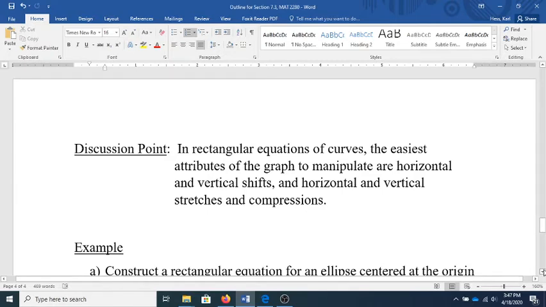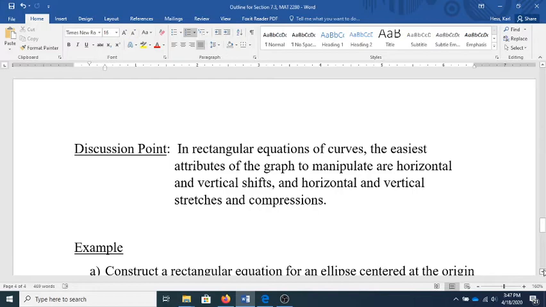Alright, in rectangular equations of curves, the easiest attributes of the graph to manipulate are horizontal and vertical attributes, because that's how these curves are constructed, with coordinates that are measuring horizontally and vertically.